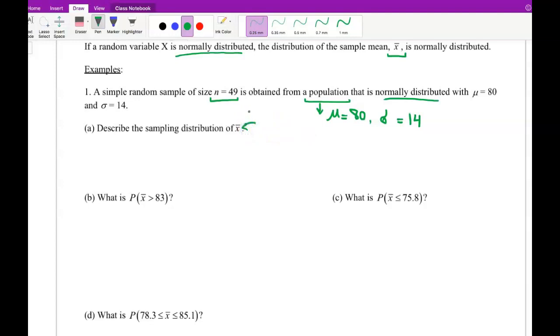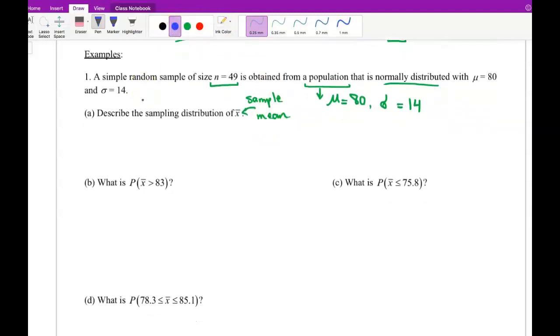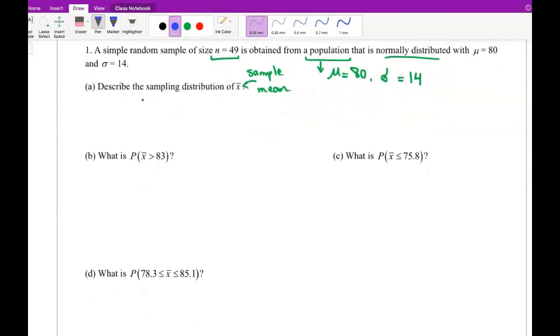Exactly the same as the previous page: as I said, the population mean is 80 and the standard deviation is 14.